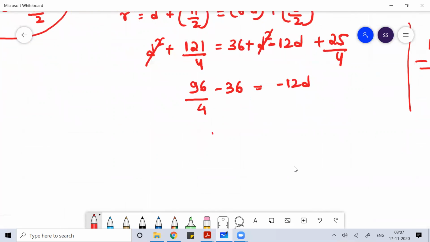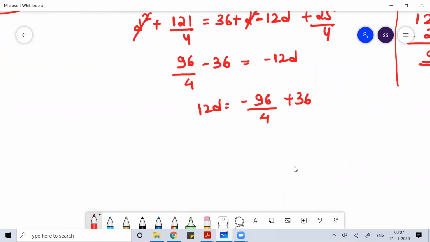So I can say that 12D is equal to 90 minus 96 by 4 plus 36. So all are divisible by 12. So I can write D is equal to minus 8 by 4 plus 3.